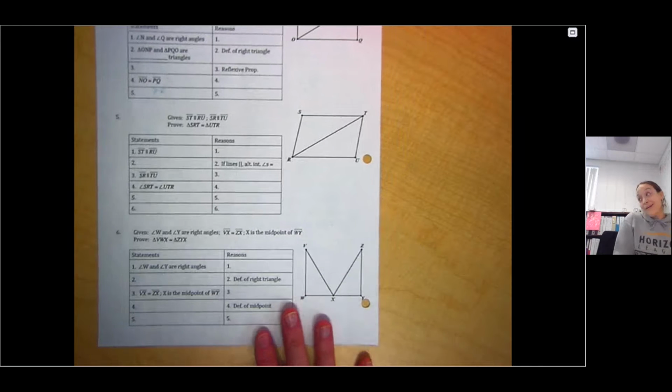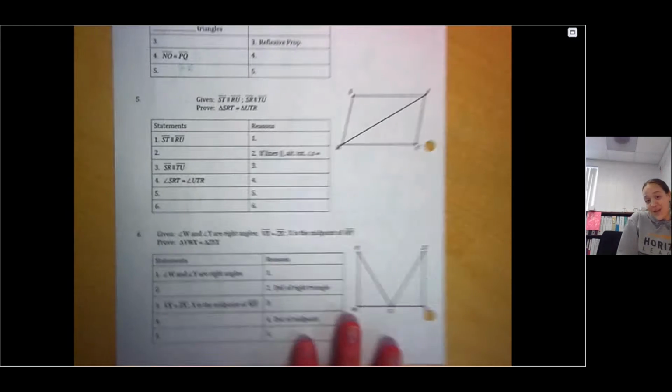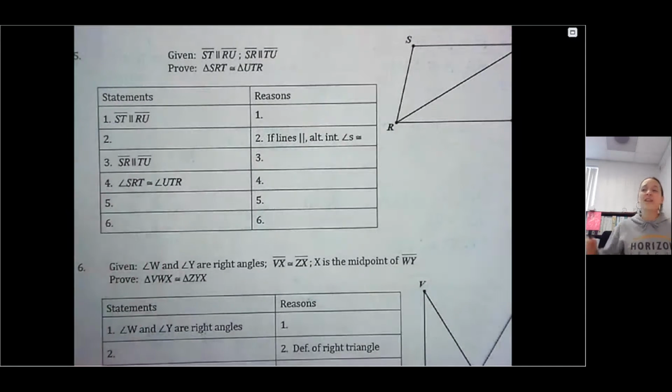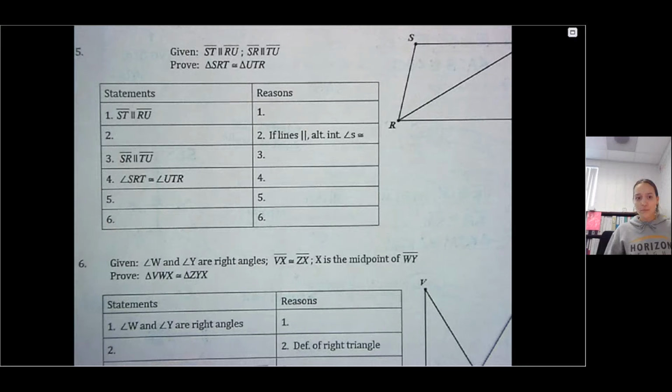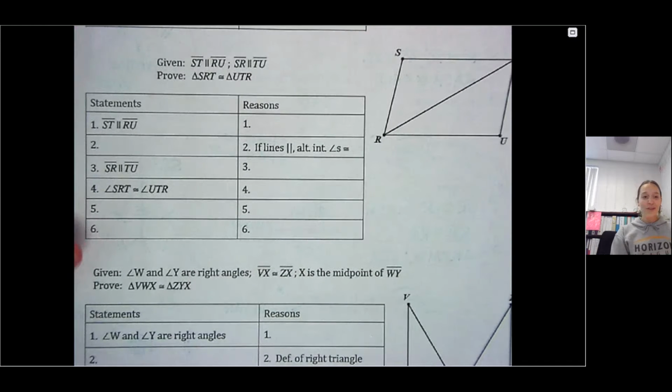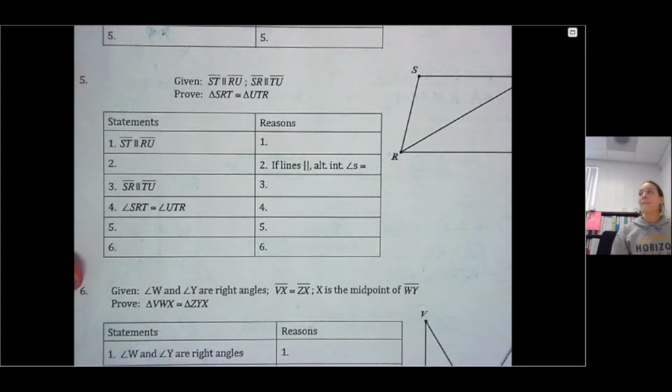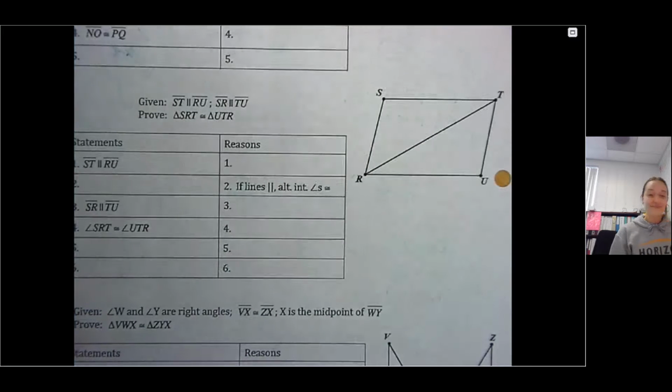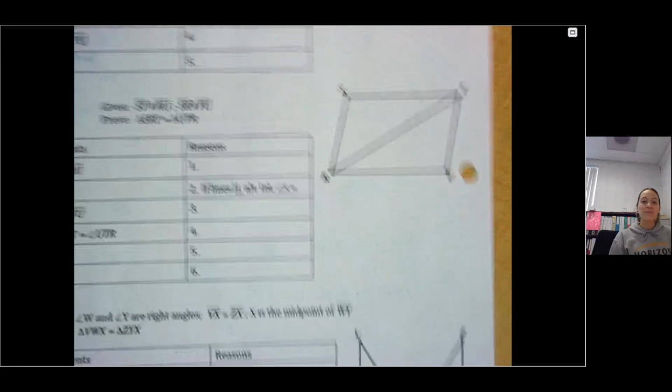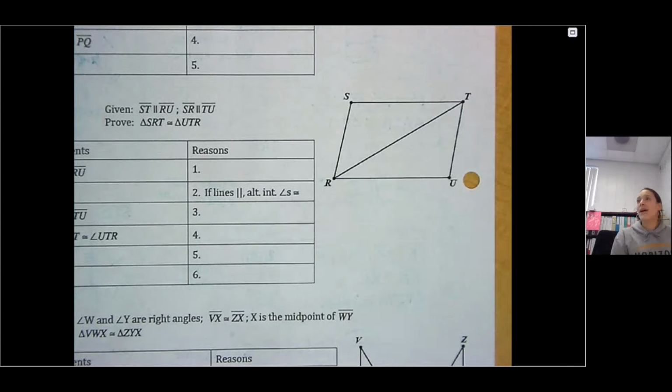All of them on the back are 5 steps. This has 6. Raise your hand if you want me to do 5. Okay, there we go. Number 5. That was a majority.